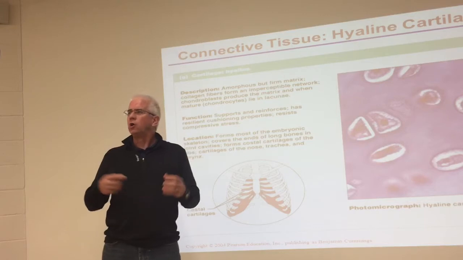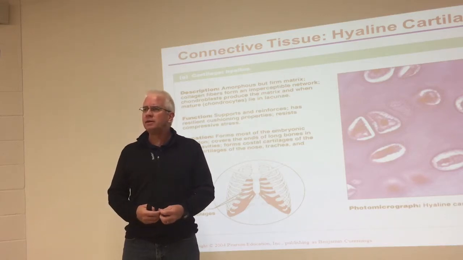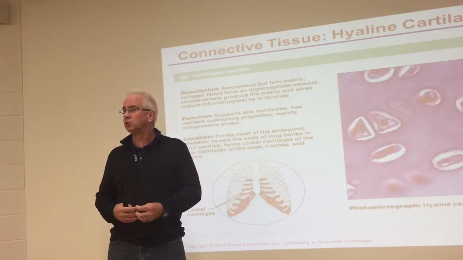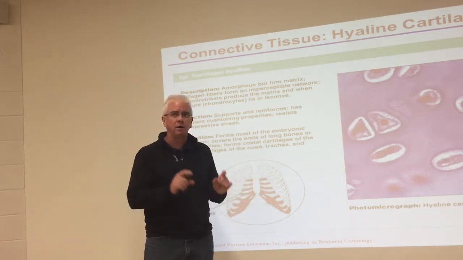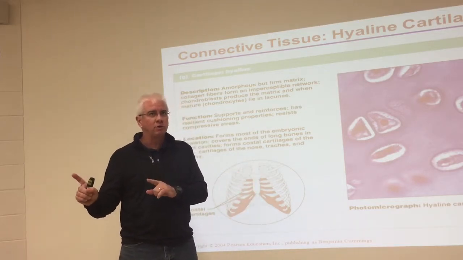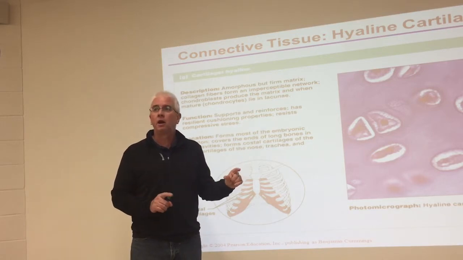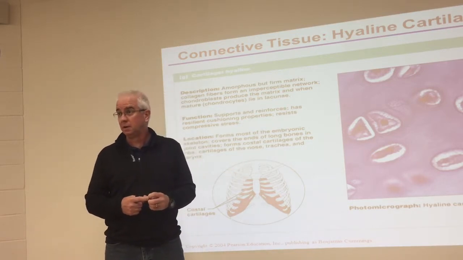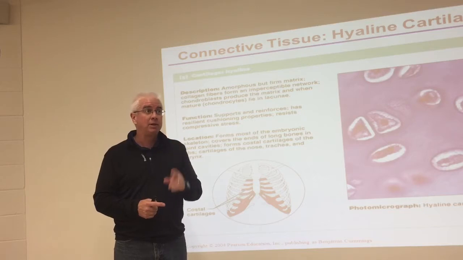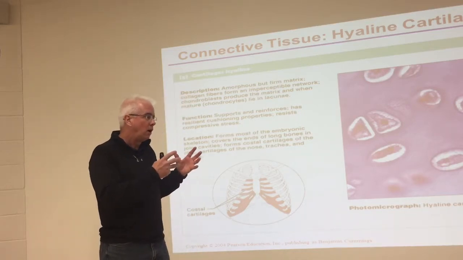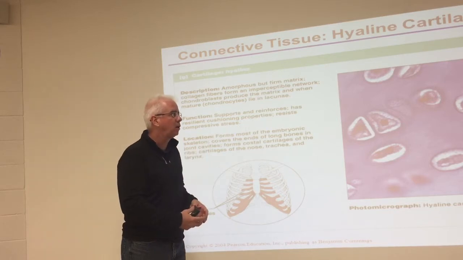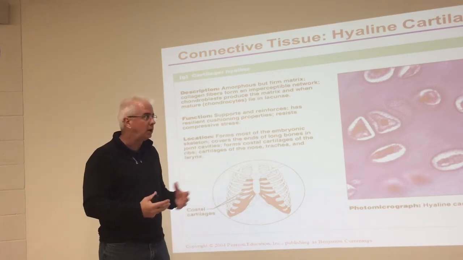So what you don't know, at least from me, are the details of all the varieties of collagen. So this type of collagen that fills the matrix of hyaline cartilage is a slightly different structural collagen compared to the collagen that we find in the tendons and ligaments. But it's there in the matrix. So we can describe the anatomy of hyaline cartilage with the protein collagen.